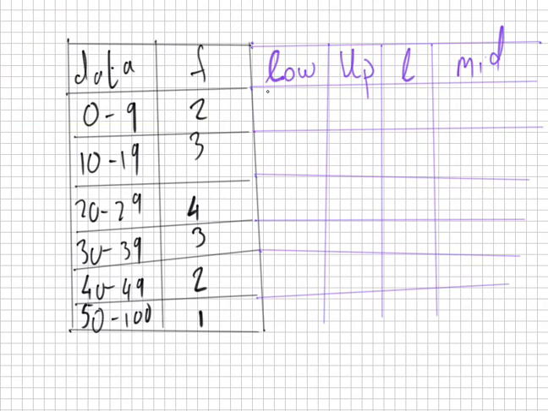So for example, here the lower would be 0, and here the upper would be 9.5, and the length would be 9.5, and the midpoint would be 4.75, right? Oh, you're right, sorry. 4.5 and 4, no, 4.75.